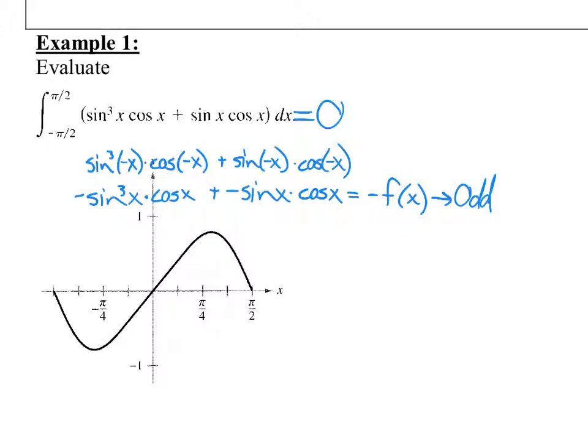Do we want to? No, because it's going to come out to 0 anyways, right? So this is answering Chloe's question. Am I going to specifically ask you to do that? Maybe not, but it certainly will save you a whole lot of work in cases where this takes place.